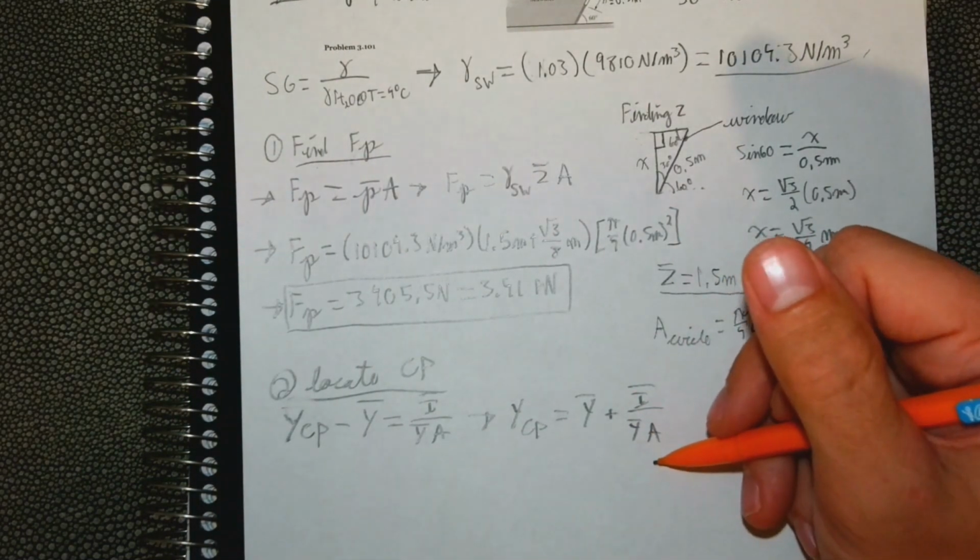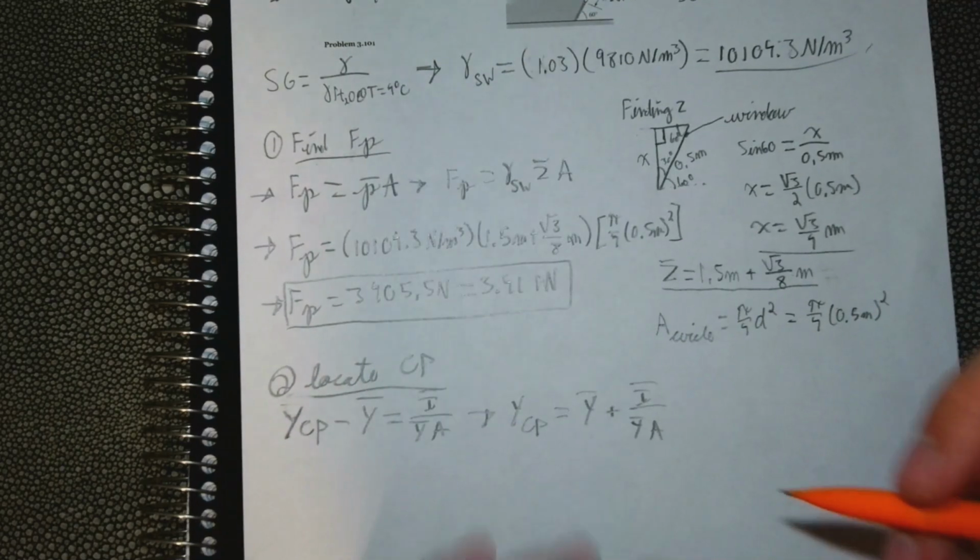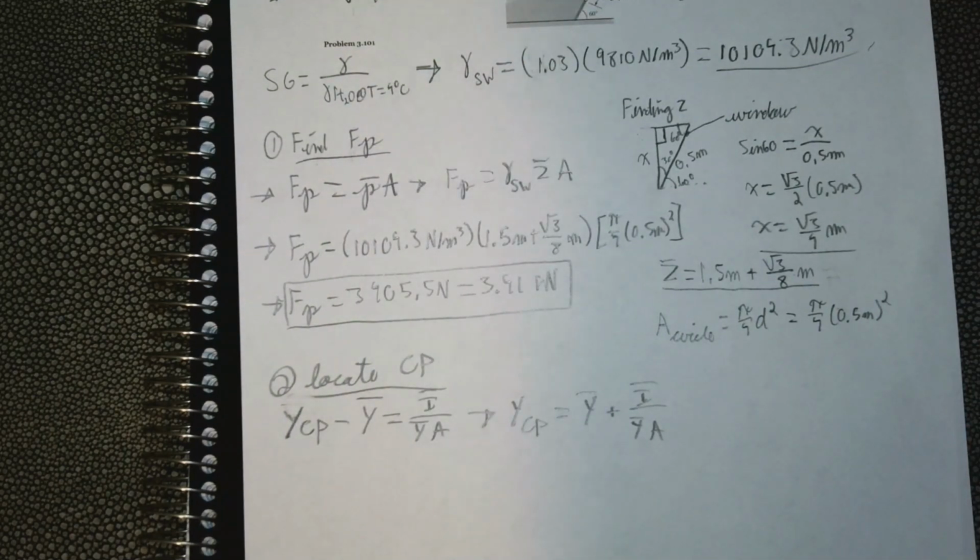Okay, so I don't have it printed out, but figure A.1 in the textbook gives a lot of moments of inertia, and I think gives centroids of different shapes.